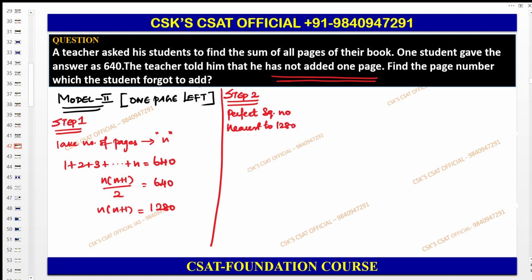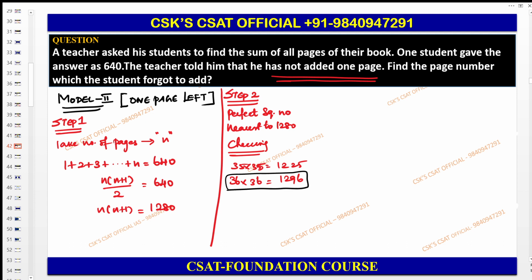If you know the table, 35 into 35 is 1225. Then 36 into 36 is 1296. Which is nearest? 36 into 36, 1296. 36 here.